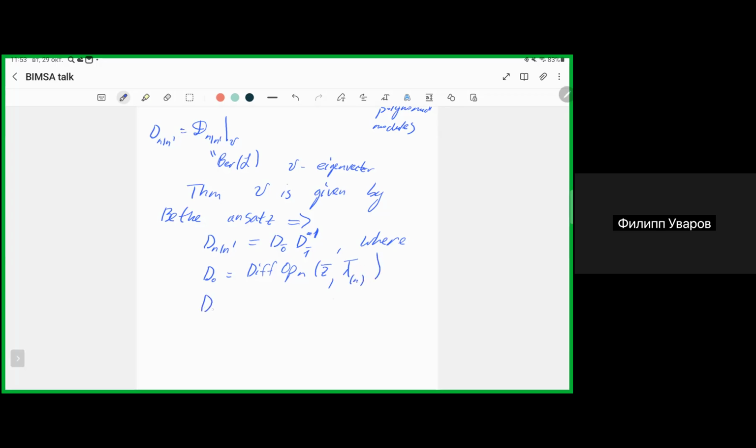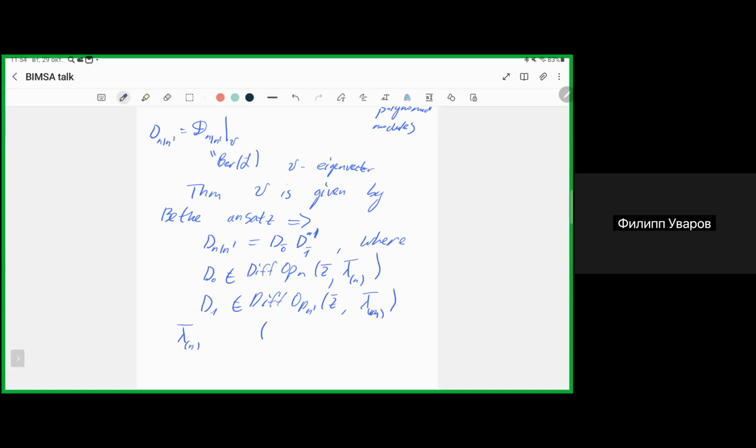And D1, the differential operator, lives in differential operators of order n prime with the same singular points, and here the exponents are given by another part of my lambda. Sorry, should it be n prime in the previous line?